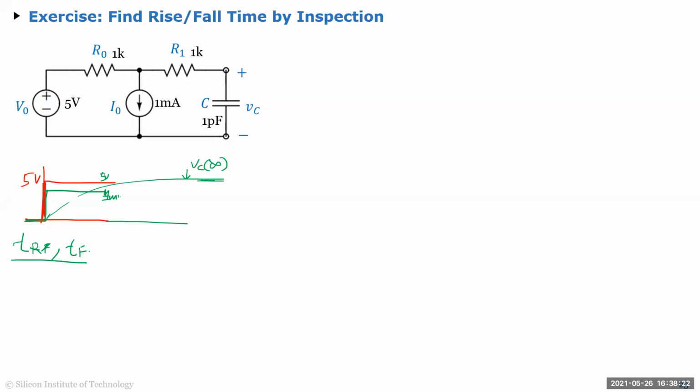Is that tau or rise time, fall time? And you have to find out the VC of infinity too. What is the voltage across the capacitor at steady state? Okay, steady state 4 volts.